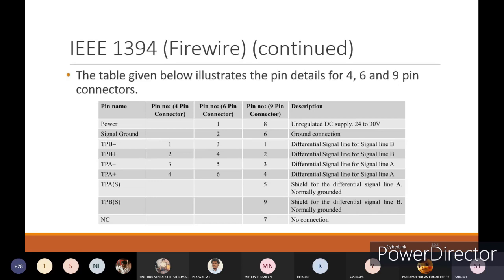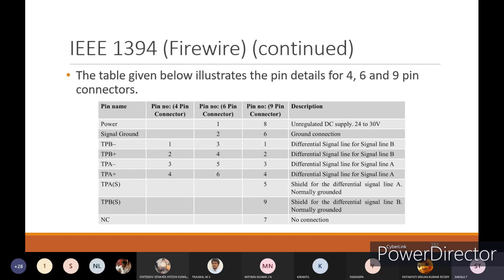And TPB minus, TPB plus, TPA minus, and TPA plus, that is the differential line for signal line B, and signal line A. For the positive line and negative line, two lines will be there. Only these lines are available with respect to the 4-pin connector. That is 1, 2, 3, 4 with respect to TPB minus, TPB plus, TPA minus and TPA plus.